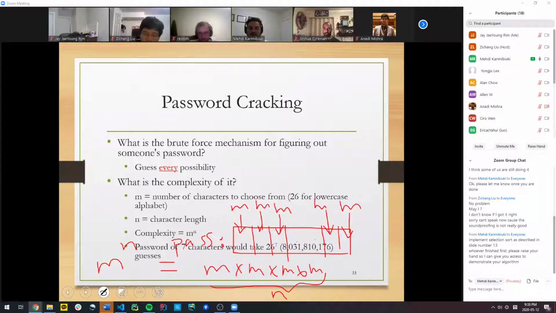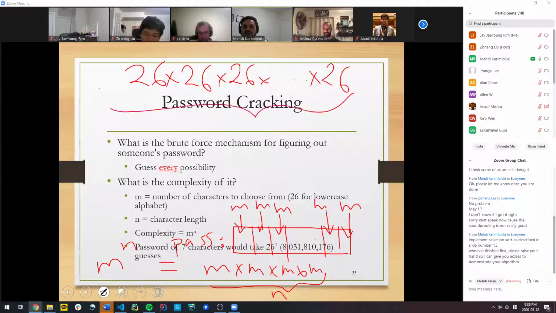So if you can have 7 characters, 7 spaces to fill up your password, and with 26 alphabets only, it's going to be 26 times 26 times 26. You get the idea, right? That's 7 times.